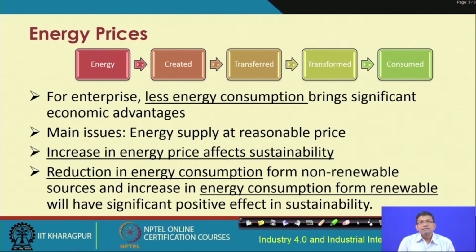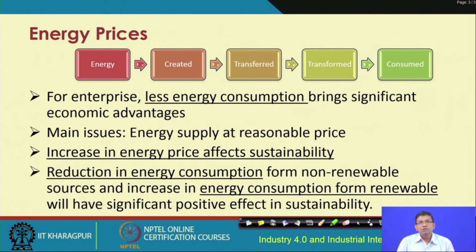The third issue is the energy prices. If we are talking about large scale enterprises, there is a consideration of the energy consumption as a whole. Larger enterprise means larger energy consumption, but that is not sustainable, and that is not beneficial for the environment.